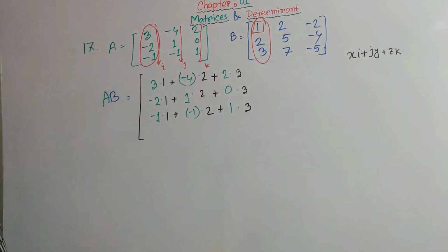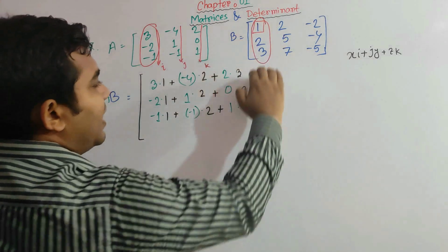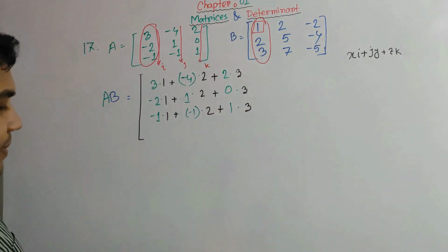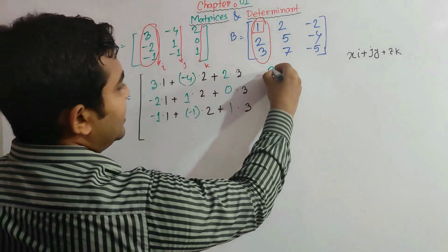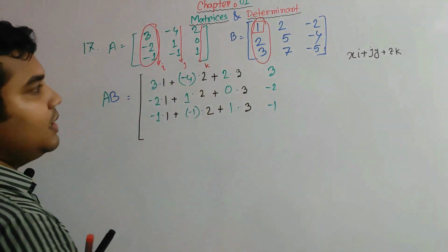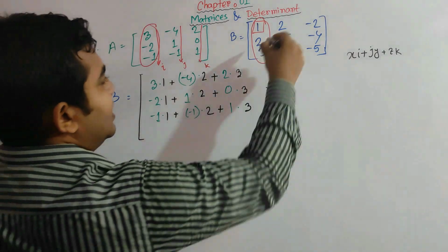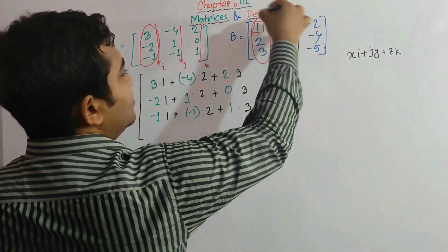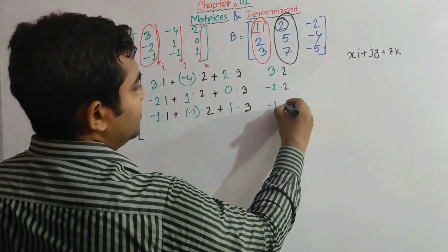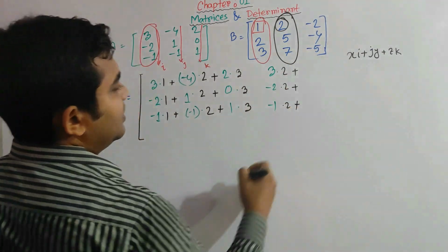Okay, now since our first part has been completed, take some space. Now we are going for this column, so it will be 3 minus 2 minus 1. It should be multiplied with 2, since this is the first entry. Plus should be here.